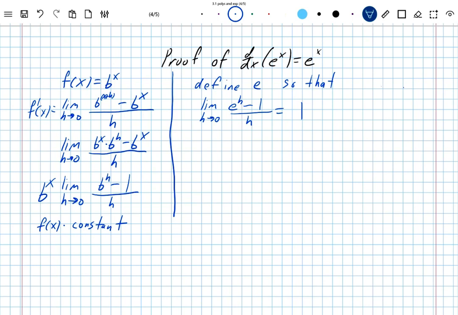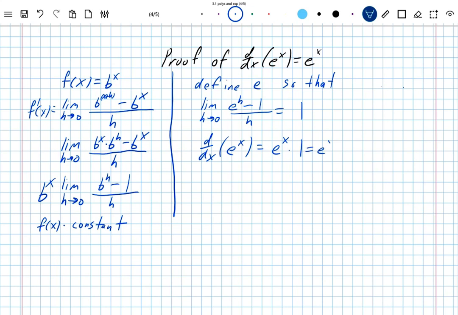It's going to be a different constant depending on what the base is. We'll see what it is in the future. It's going to involve a natural log. But in the case of e, it's going to be a 1. In fact, that is our definition of the number e. So what this means for us is that the derivative of e to the x is, well, e to the x times 1.